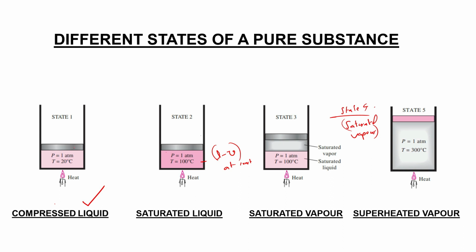Okay, so that is called the saturation pressure. That is the pressure at which there is a change in phase. So here for water, saturation pressure is 1 bar at temperature 100 degrees Celsius. So you cannot define a saturation temperature or saturation pressure alone. You need to specify the temperature and pressure both.